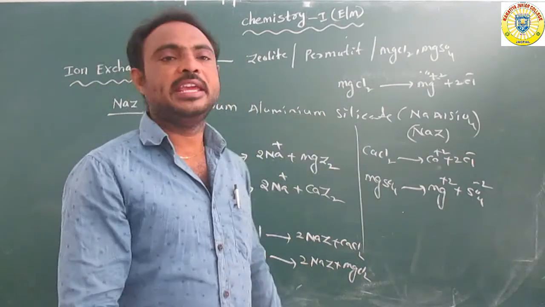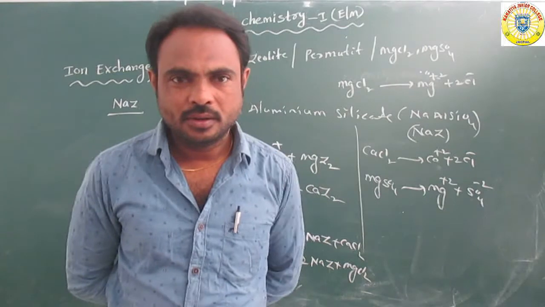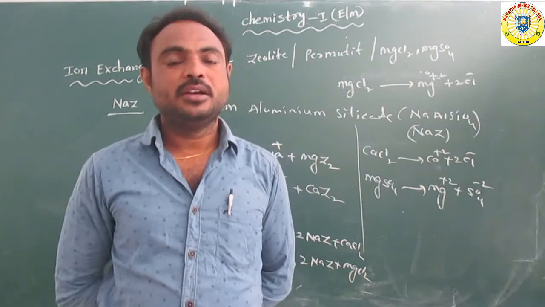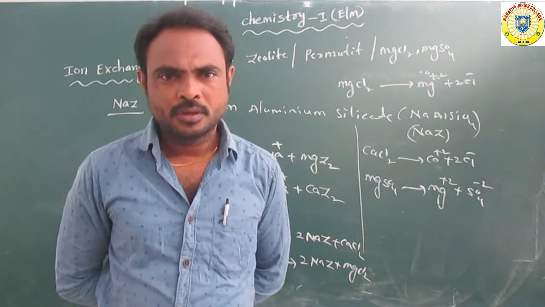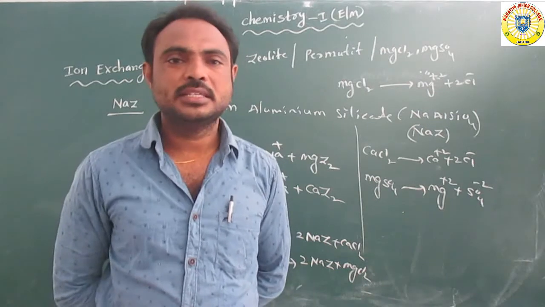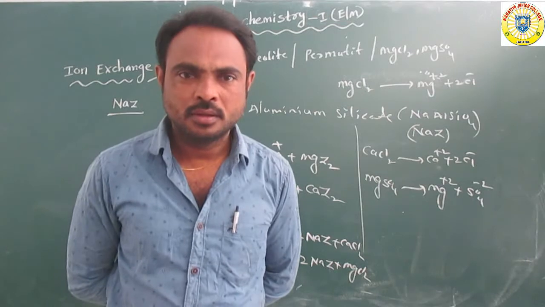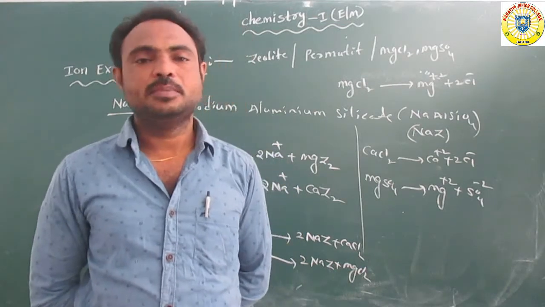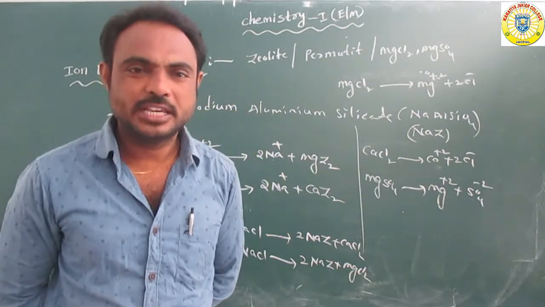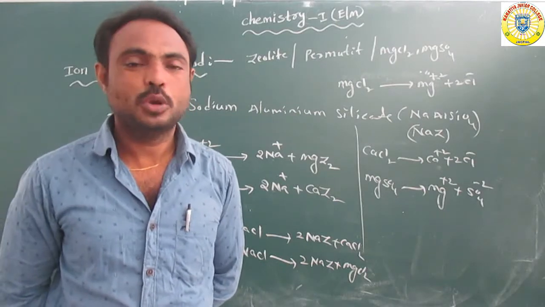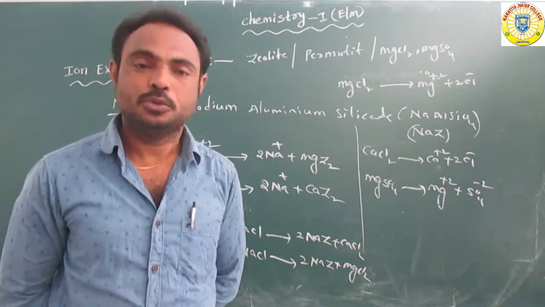It is a very important method for water treatment. This process is used to remove the salts from hard water. This ion exchange method is also called the zeolite or permutit method.